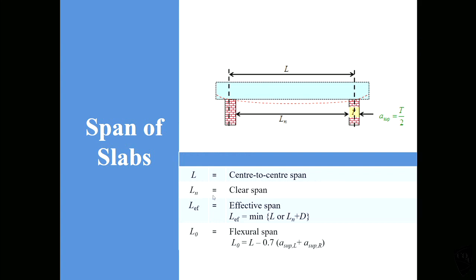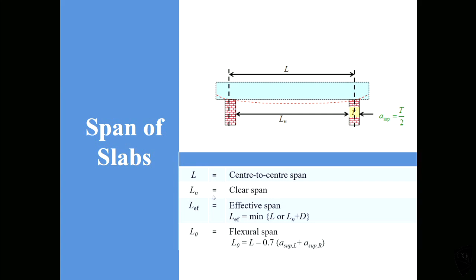And this is the definition. I think we discussed this one earlier as well. L is the center to center, clear span, effective span. The fractional span, Ln, sometimes it also comes. Ln is equal to L minus 0.7 times L support left, L support right.